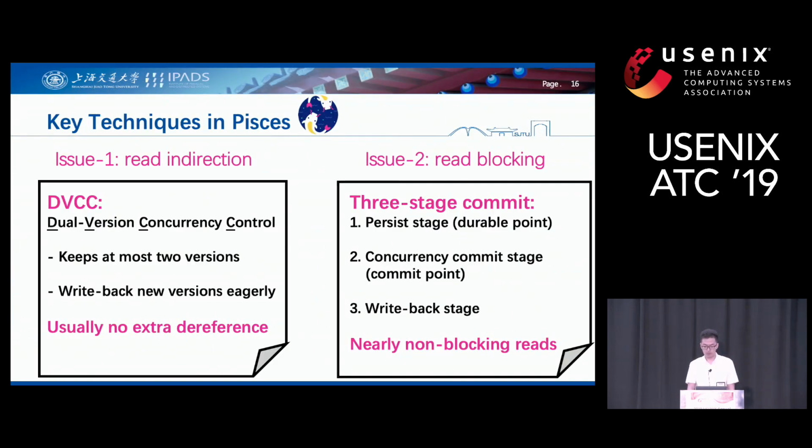To reduce the blocking overhead in the intuitive MVCC design, Pisces proposes a 3-stage commit protocol to decouple different functionalities of the whole commit phase into different stages. Hence, only the writers in the second commit stage can block concurrent readers, and the second commit stage only involves 2 DRAM writes. Pisces can allow nearly non-blocking reads.